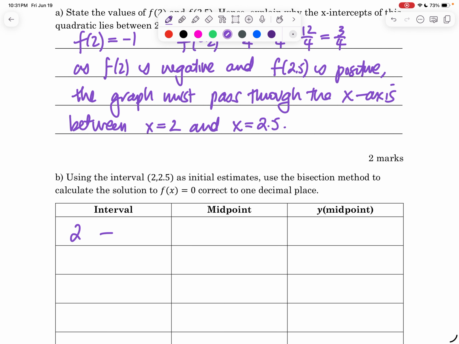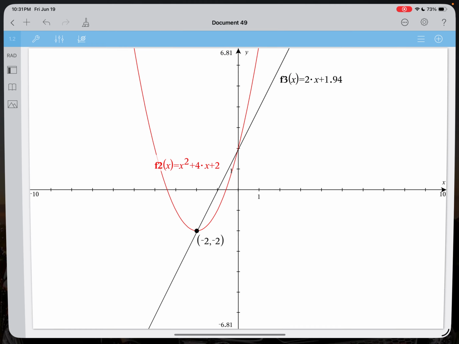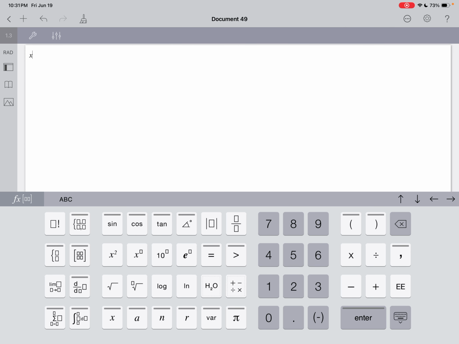So 2 to 2.5, the midpoint is 2.25, and then the y value of that. Okay, so x squared minus x minus 3. Store that in f of x.